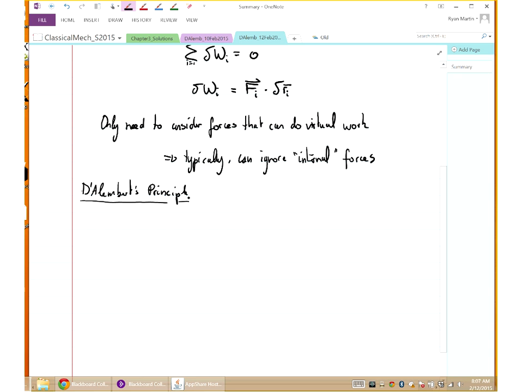And what D'Alembert's principle basically says is that if one considers, in quotation marks, the force of inertia, then any system can be treated as if it were at rest.